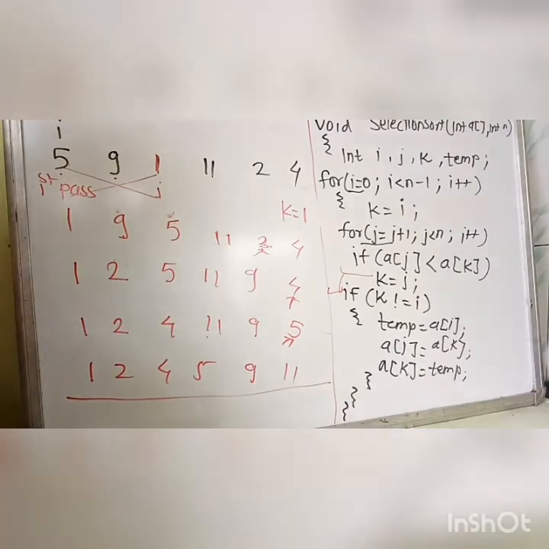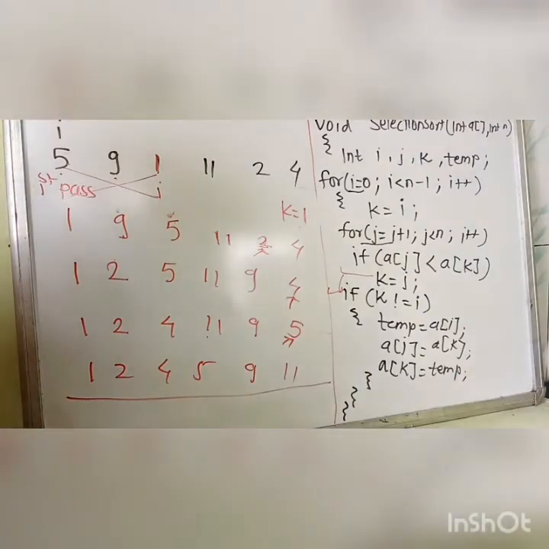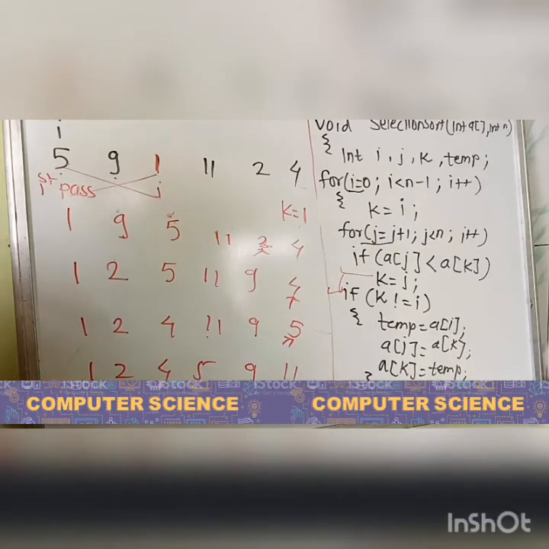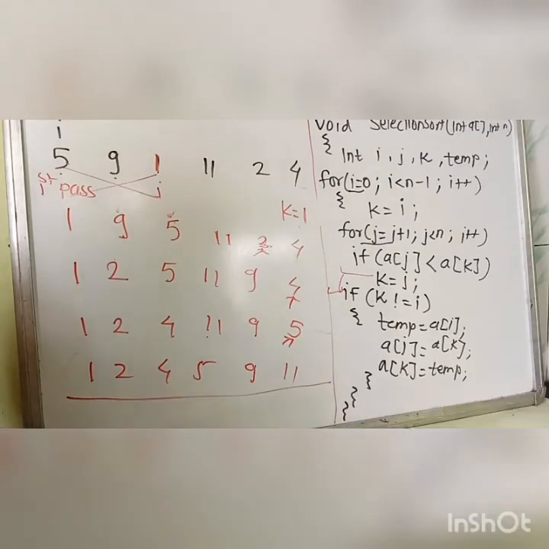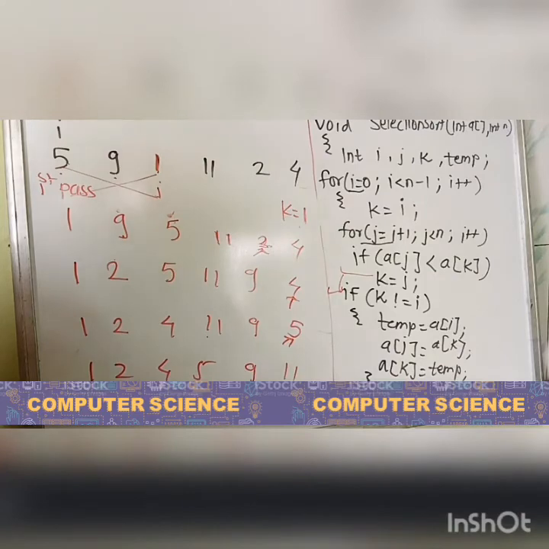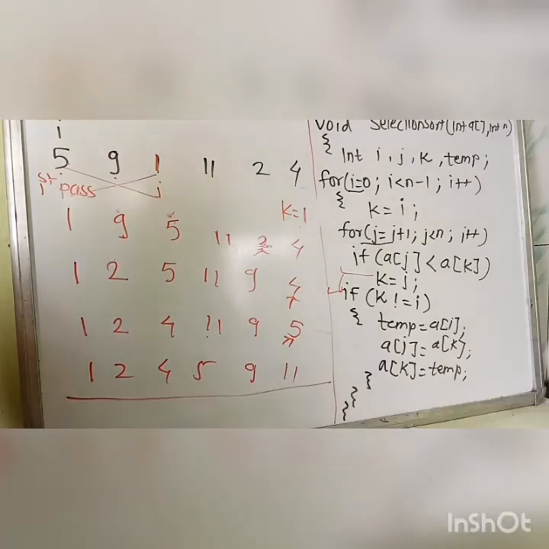Now we will make some analysis of selection sort. Selection sort is not data sensitive. Means it does not care about the actual data, but only cares about the smallest element in each pass.